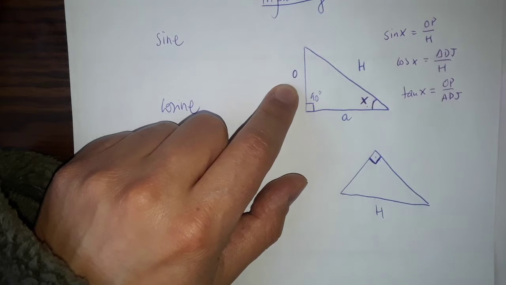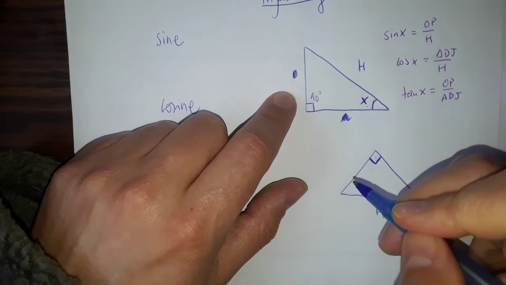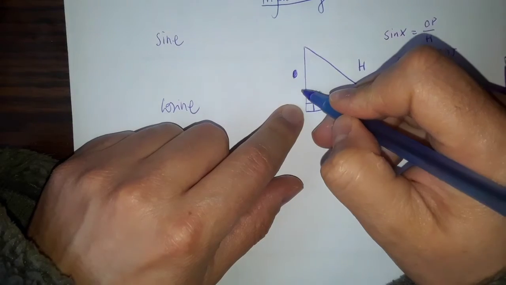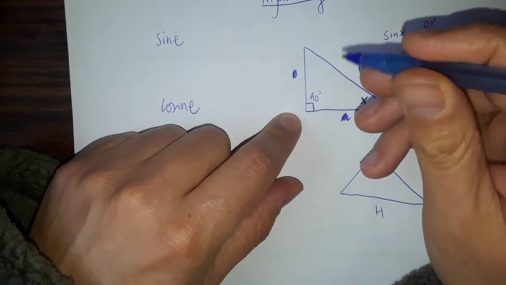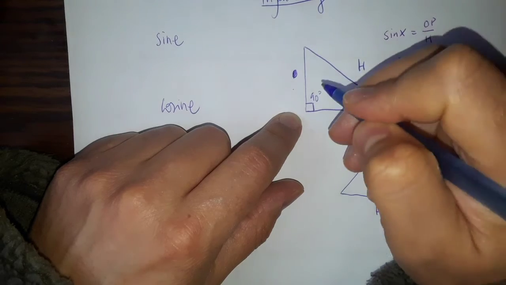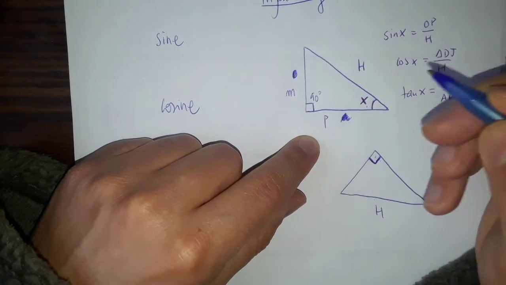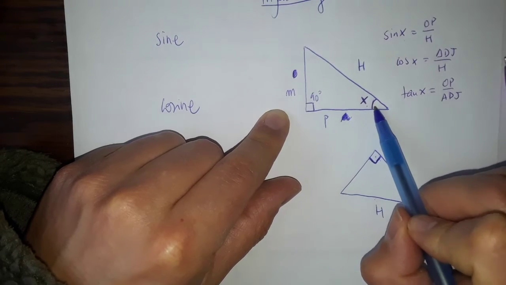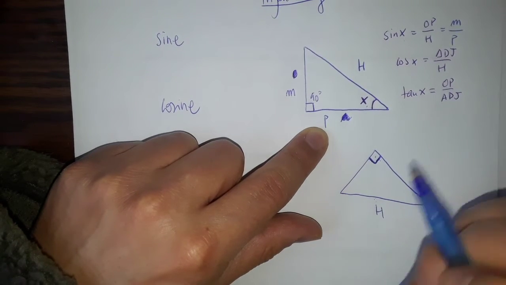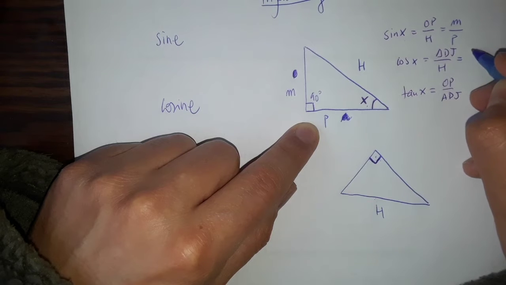Instead of calling them O and A, I'm gonna call them M and P. So now the opposite is M, and the adjacent is P. Sine is opposite over hypotenuse.